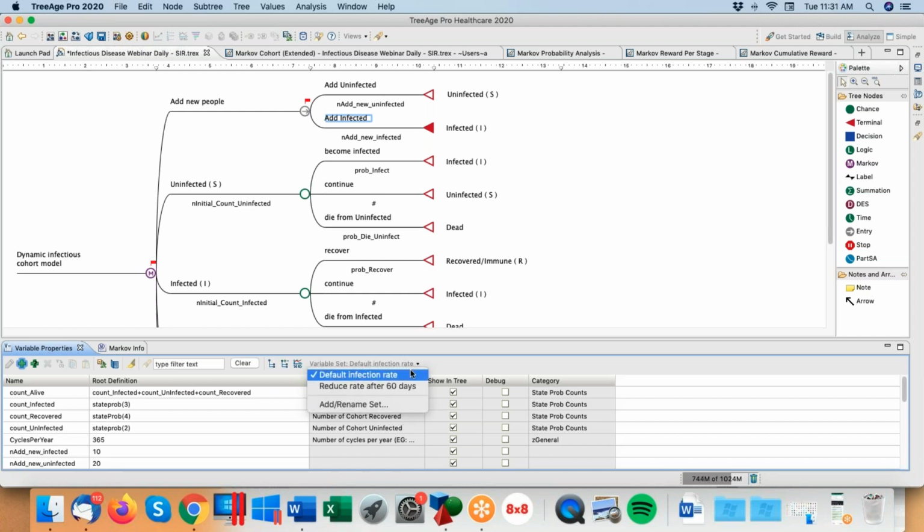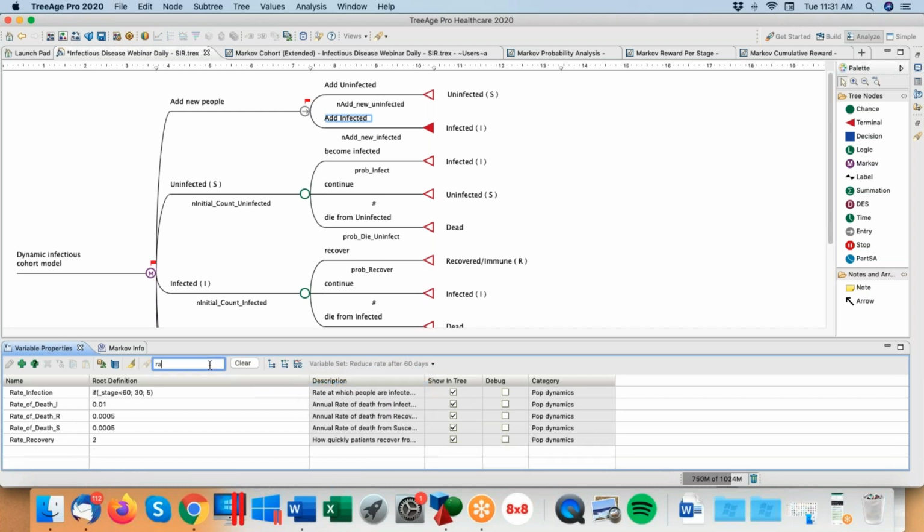And specifically, if I change this rate here and I look at the rate, I've changed it. If I go back to the original one, the default infection rate, it was just 30. I just set it to a fixed value of 30. And now with this second set of model inputs here, I basically said for the first 60 days it's at 30, and now we've introduced some mitigating actions like asking people to stay at home that has reduced the rate after 60 days.